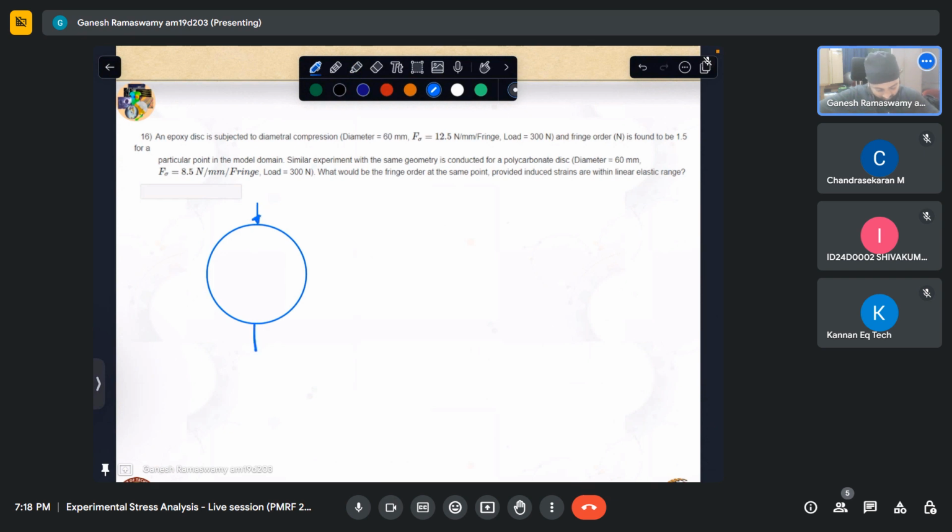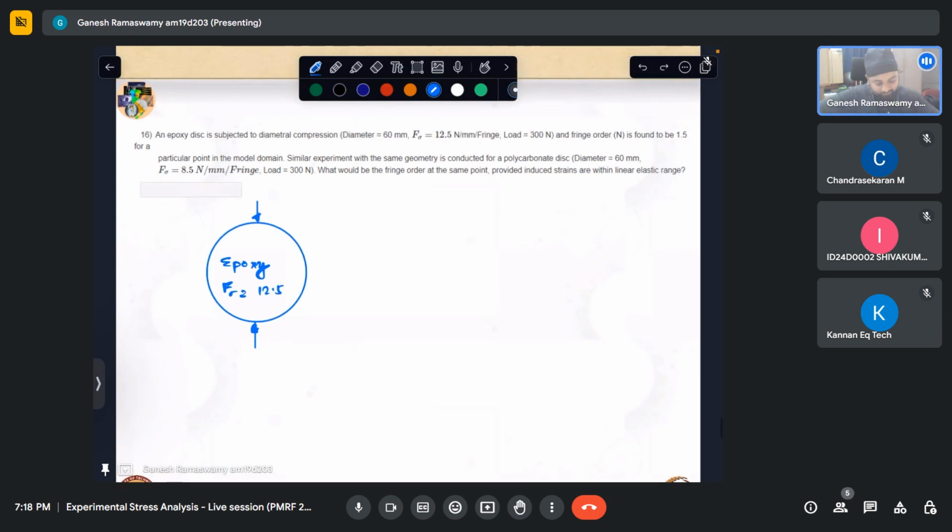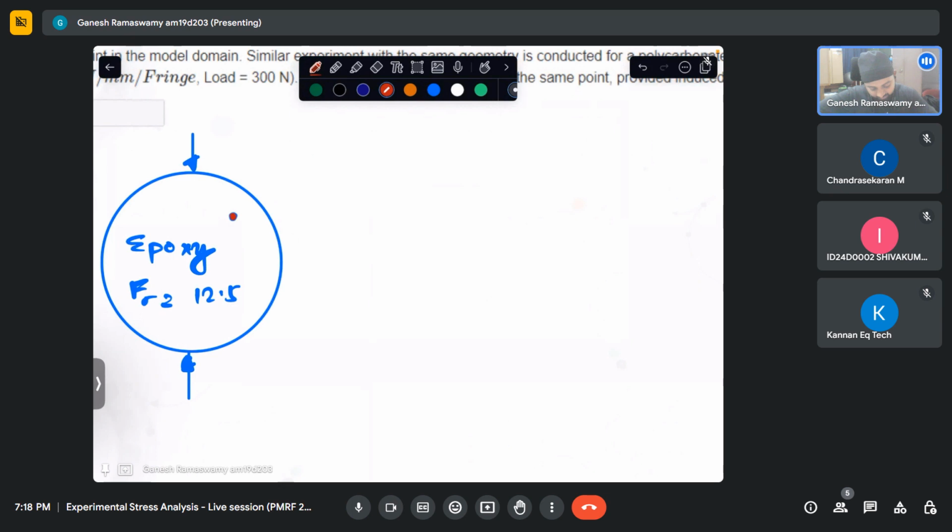And this is epoxy, which has a diameter of 60 and F sigma of 12.5. Load is 300 and the fringe order was found to be 1.5 at a particular point in the model. So let us take that point to be this. Here, the fringe order comes out to be 1.5 is what is given.